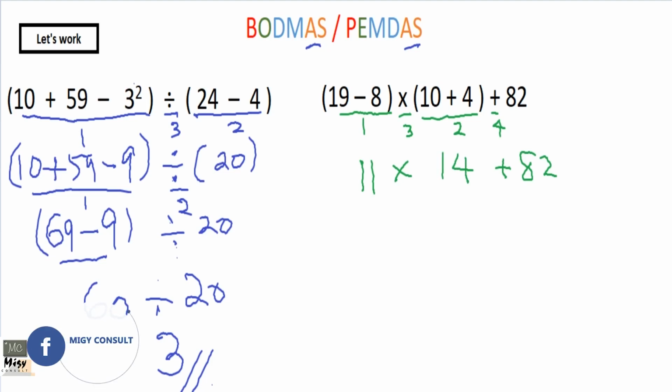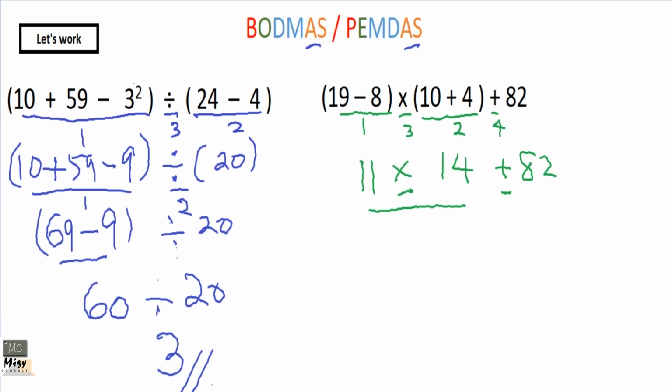Now we are left with 2 operations. These 2 operations are multiplication and addition, but in PEMDAS, multiplication and division come before addition and subtraction. So multiplication, we're going to do this here.